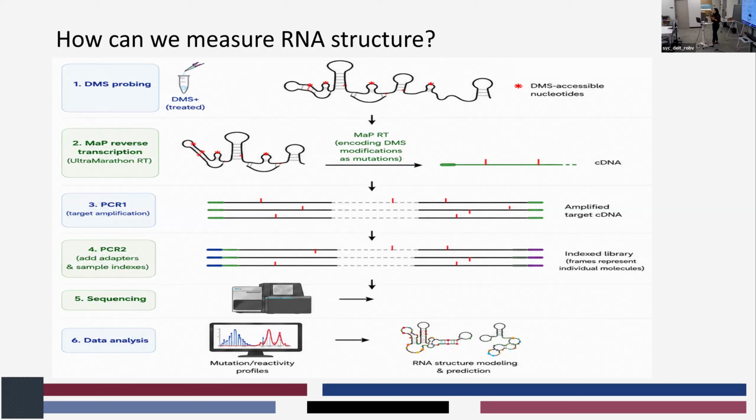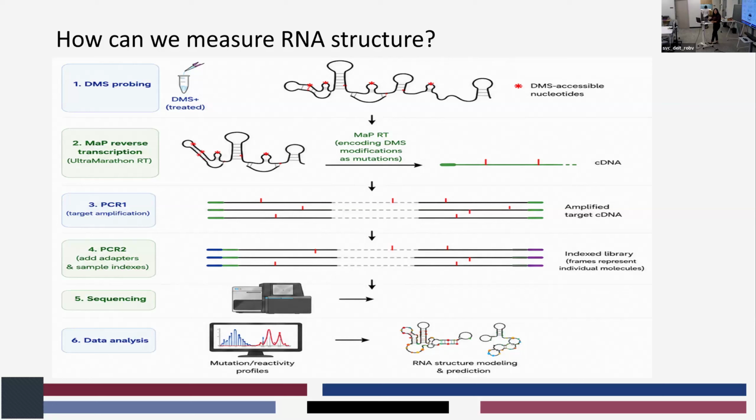The method that the lab uses is a specific method called MaP reverse transcription, and they developed a specific approach called multi-site MaP reverse transcription. During this step, DMS marks are recorded as mutations in the cDNA molecule. These mutations record the places where DMS did the modification.